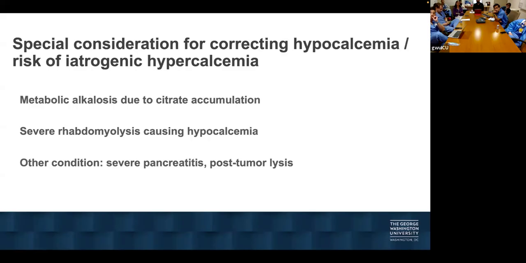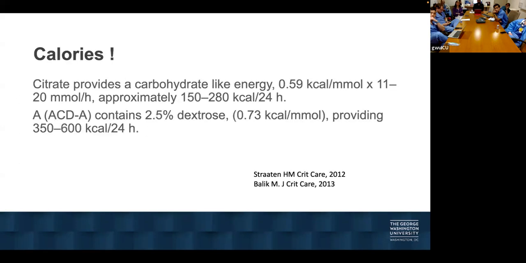So for those patients, try not to be aggressive in replacing potassium and calcium, otherwise you will induce iatrogenic hypercalcemia. It's not the end of the world. The patient is in dialysis, we can remove that, but better not to do it.